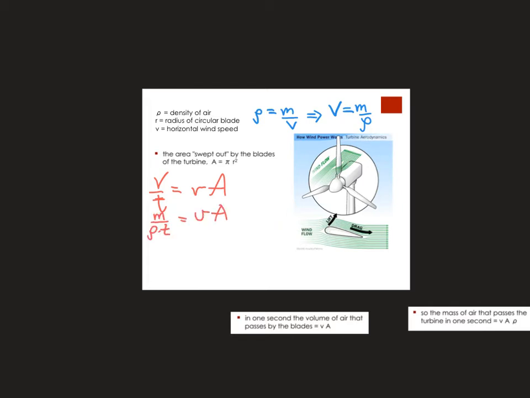If I rearrange this, I can have mass per time, or mass per second, will be the speed of the wind times the density of air times the area that the blades of the turbine will encompass. Now you might wonder why I went through all of this. Well, it is important because I want to be able to calculate kinetic energy, which has a mass inside, and it's not very easy to get the mass of air.